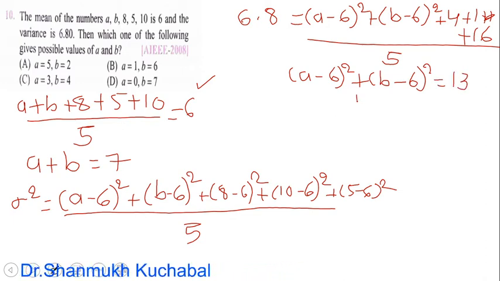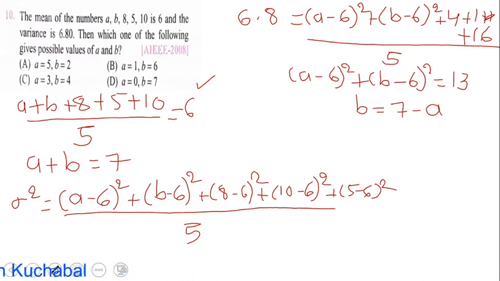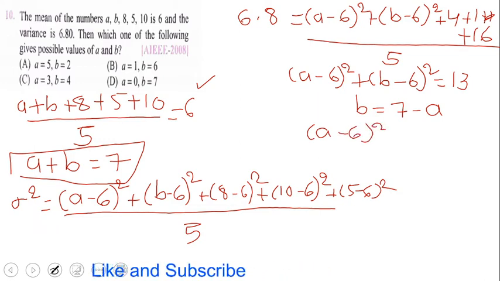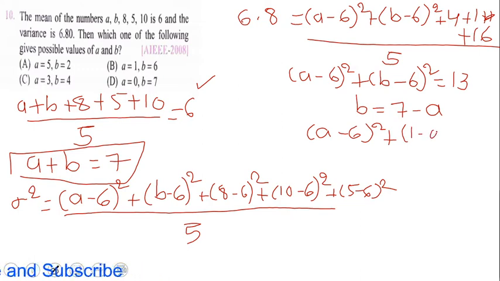We will take the value of b as 7 minus a, because we have a plus b equal to 7. So we can write b as 7 minus a. So we have to substitute in the above equation. We get a minus 6 whole square plus 1 minus a whole square equal to 13.